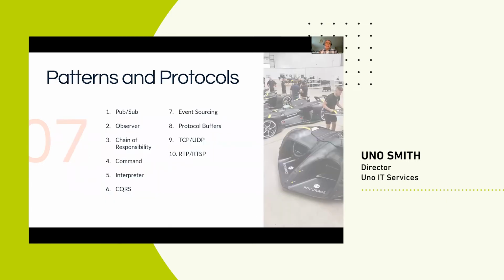Right. Some of the patterns and protocols that we need to think about as well when we do this work are a couple of things that people will recognize. So you've probably heard of pub/sub, and that's really publish and subscribe.